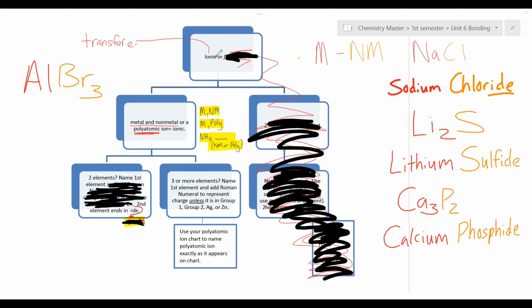Is it aluminum? Aluminum is the first element. That's correct, Gibson, the first element is aluminum. Angel, you want to try the ending?